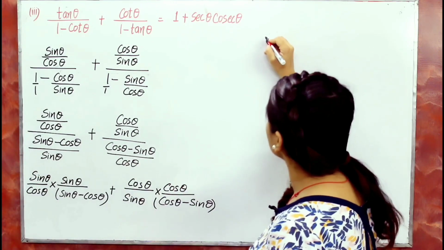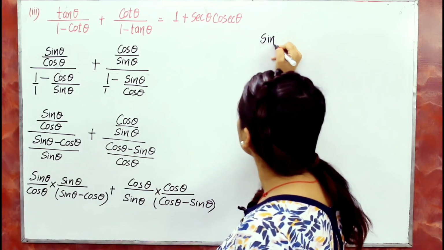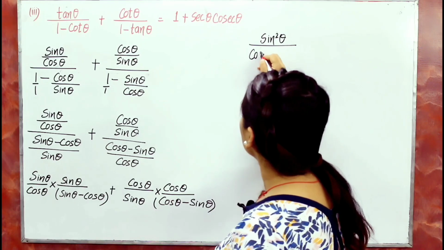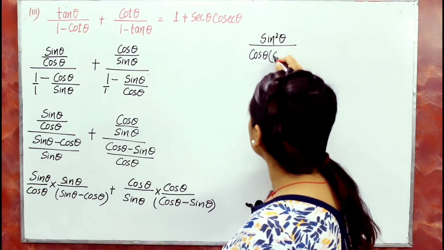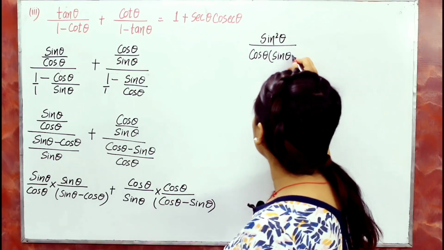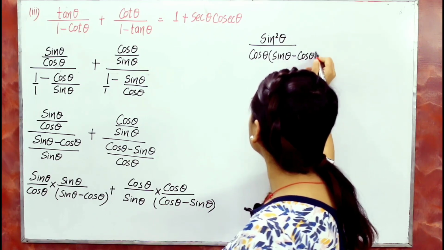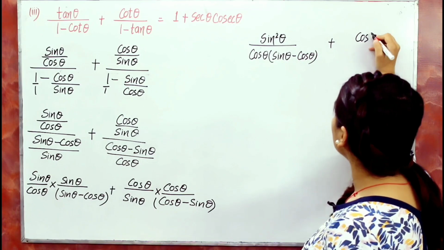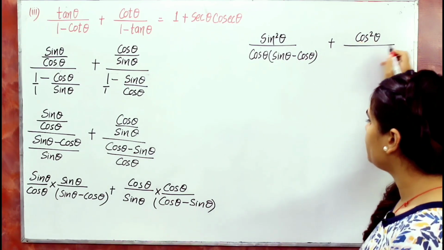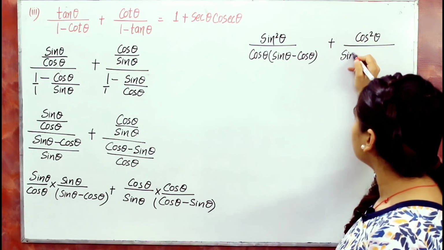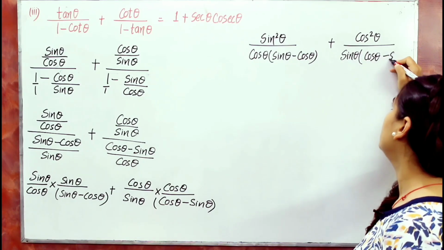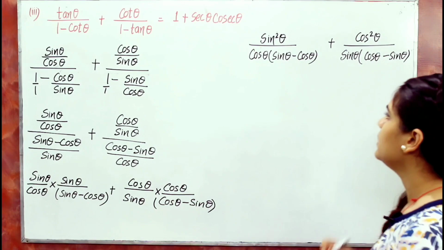Let's simplify it further. By simplifying this, you will get sin square theta in the numerator, and in the denominator cos theta and sin theta minus cos theta, and here it is plus cos square theta upon sin theta into cos theta minus sin theta.